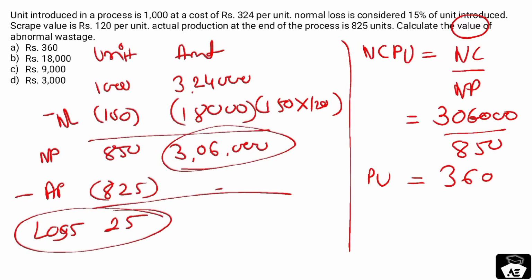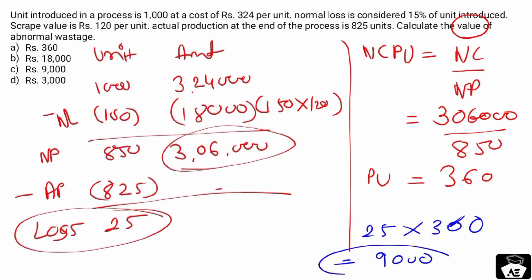And now you can easily find the value of abnormal wastage. Your units of abnormal wastage are 25, into 360 per unit. So it will be 9,000, the total value of your abnormal wastage.